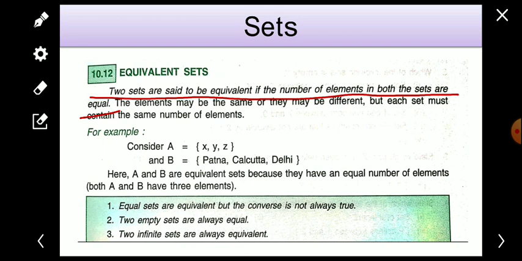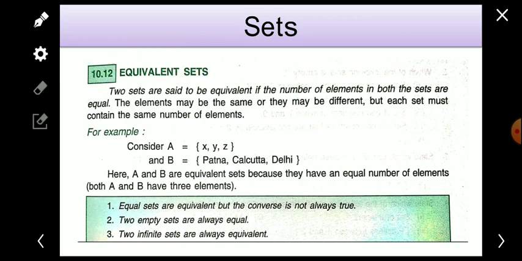Suppose set A has two elements and set B has two elements, then both sets A and B will be called equivalent sets. So here the number of elements matters. If two sets have the same number of elements, then both the sets are called equivalent sets.